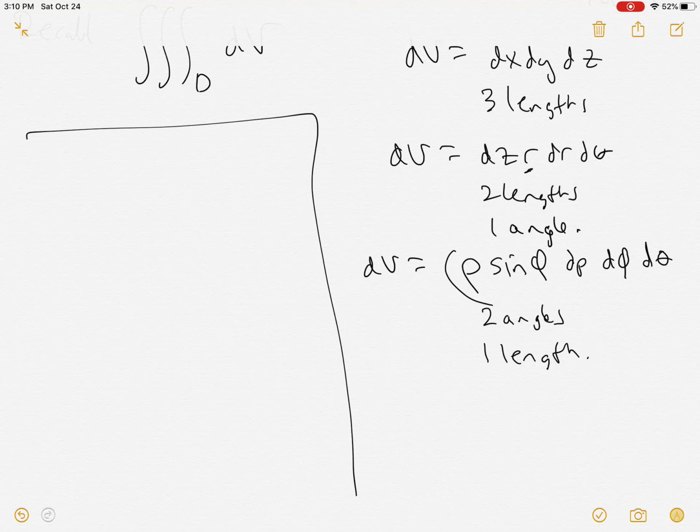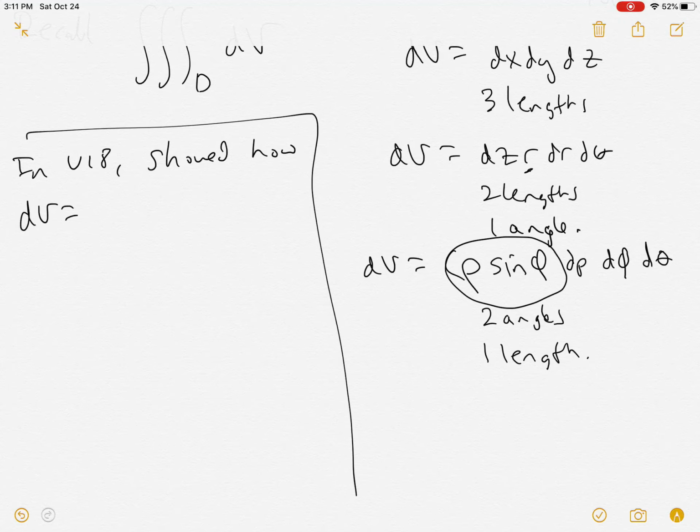All right, and so the big question is, where does this rho sine of phi come from? Well, I made a deal with you guys and with myself. In some video, I think it was like video 18, I showed how the r appeared when we did this.